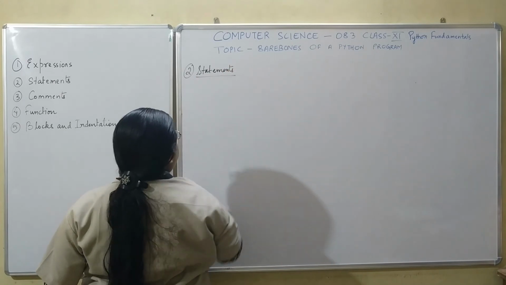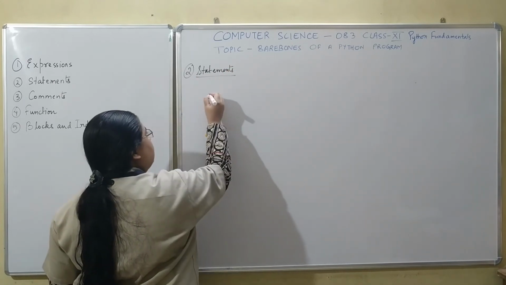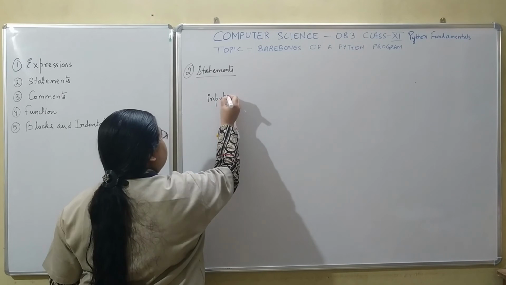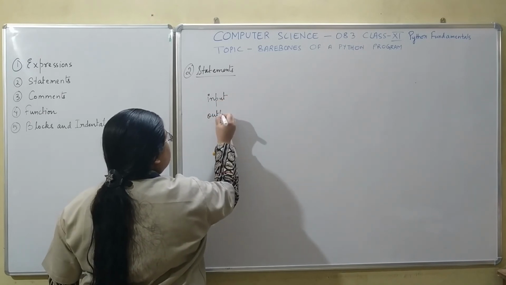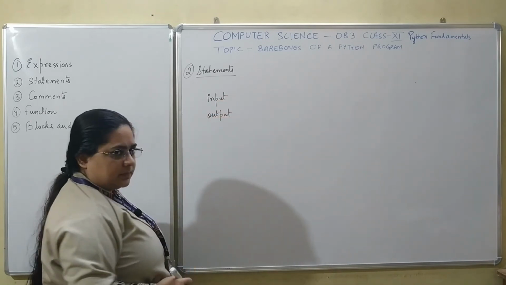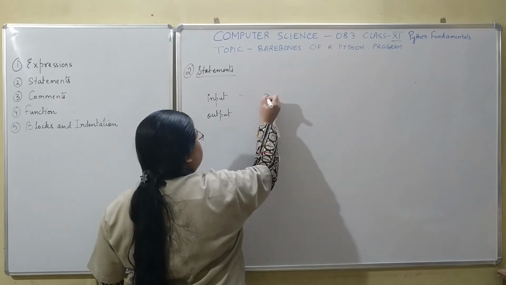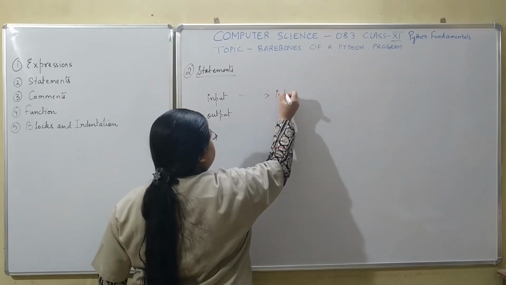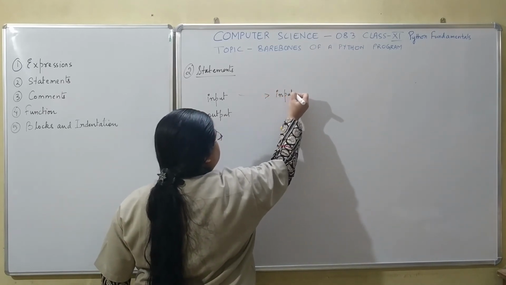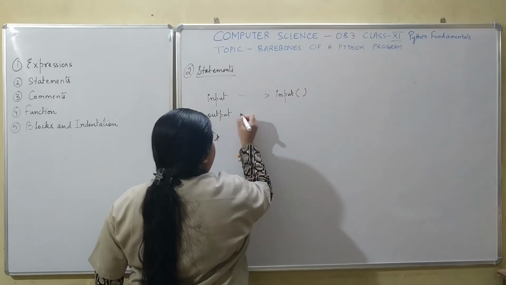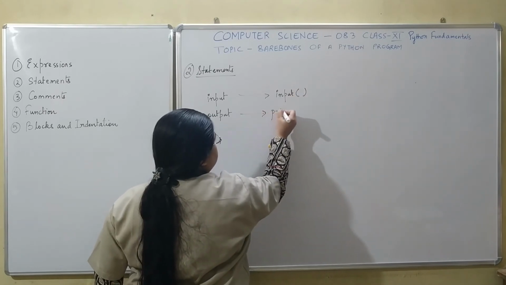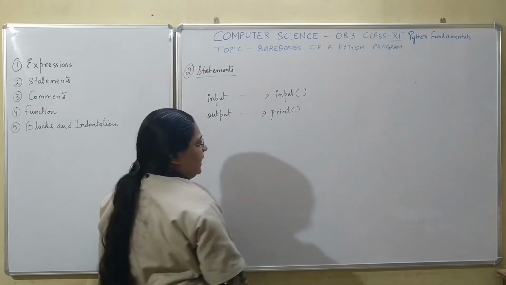So when we say statements, we can have input statements also, we can have output statements also. Input statements are usually represented by the function input, and output statements are usually represented by the function print.